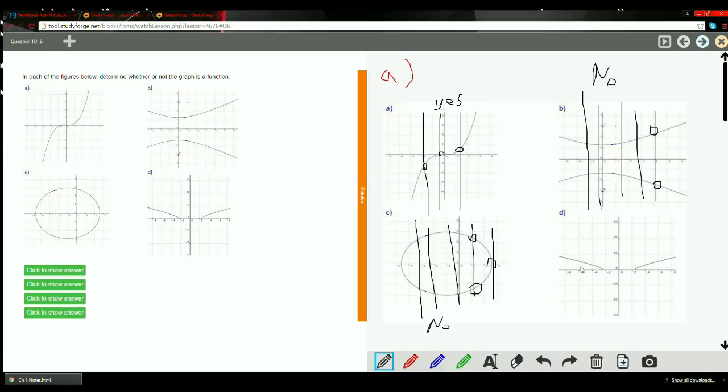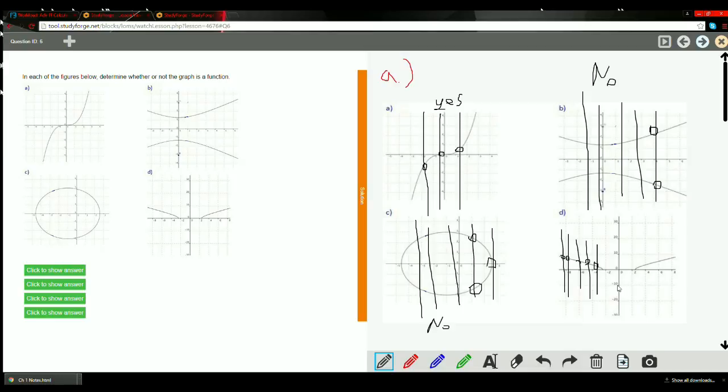And for this one, if you see there's only 1 output for each input, that's the point of a function. Only 1 output for an input. But another variation could be 2 inputs for 1 output.